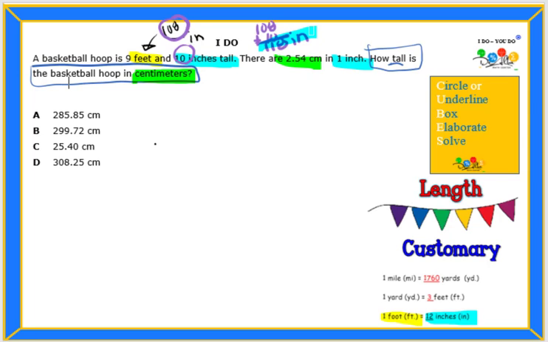So now I have another proportion to set up, and this time they gave me the equivalent measure. They gave me centimeters and inches. So I'm going to make a new proportion with centimeters and inches.